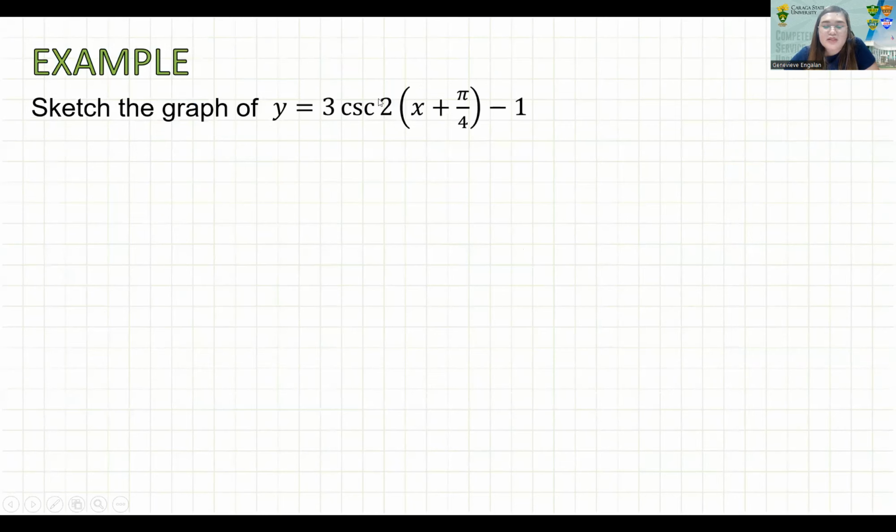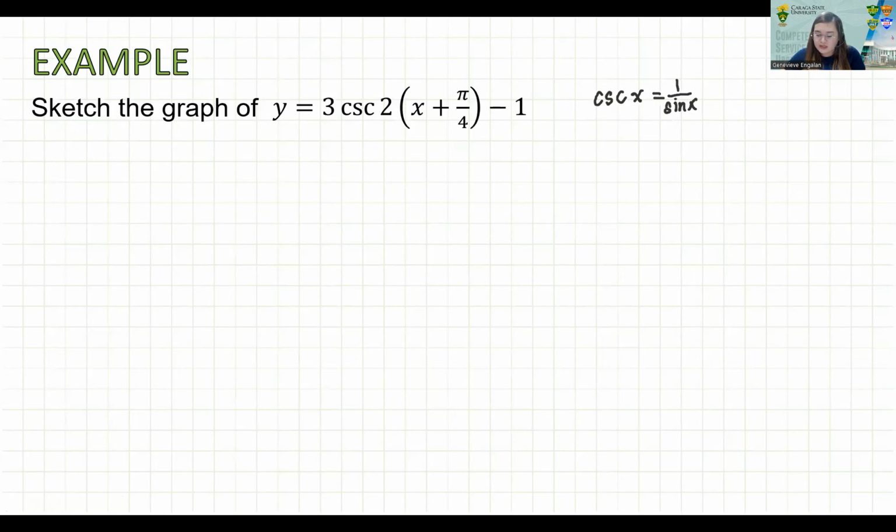Unsa may reciprocal sa cosecant? Ang reciprocal sa cosecant x is equal to 1 over sine x. Okay?